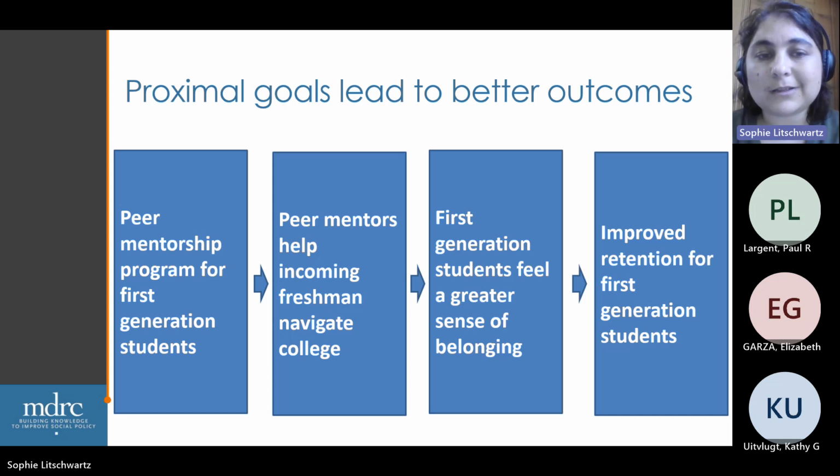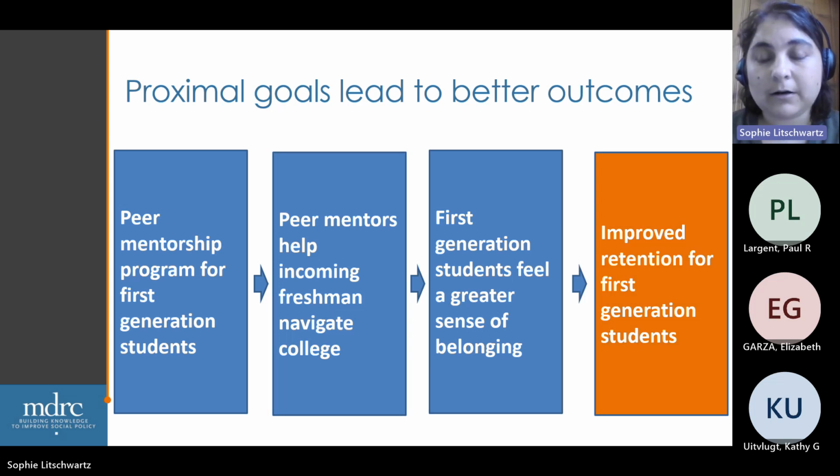Another thing is that proximal goals are going to lead to better outcomes. So let's say I have a peer mentorship program for first generation students. The peer mentors are going to help incoming freshmen navigate college, with the idea that first generation students feel a greater sense of belonging, with the final goal of improved retention for first generation students.